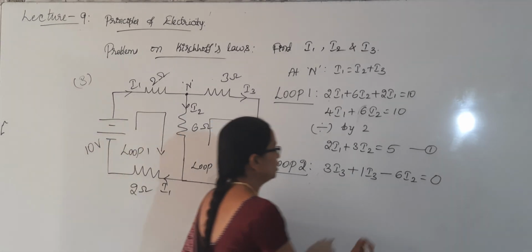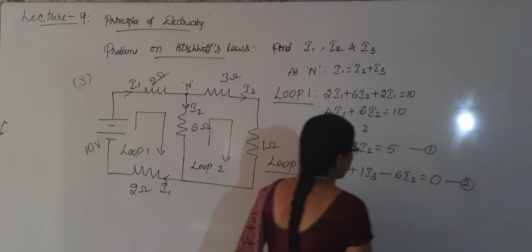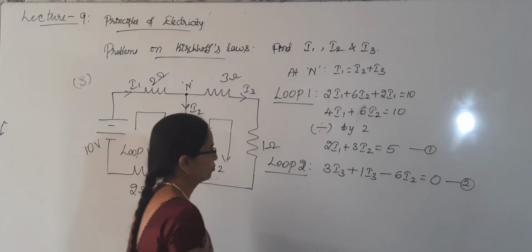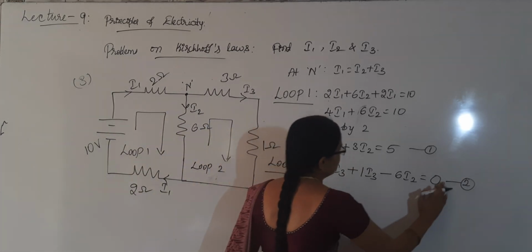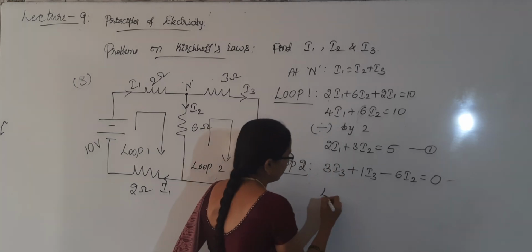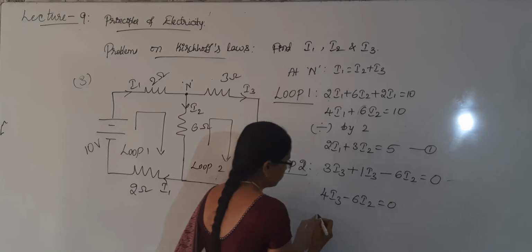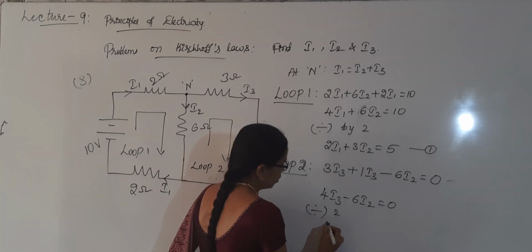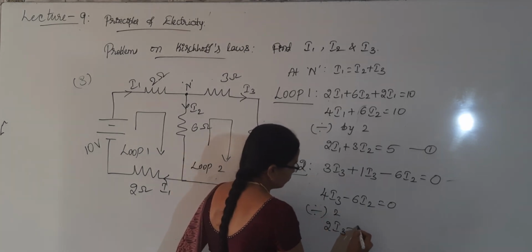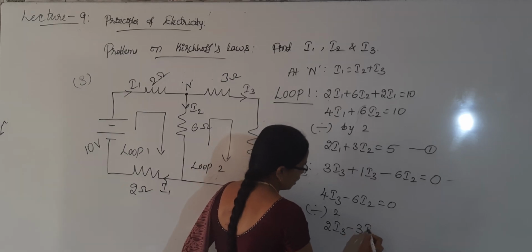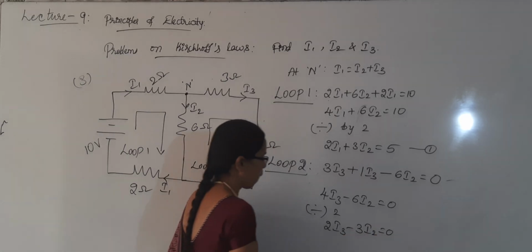So I will call this equation 2. We have 2 I3s here. 4I3 minus 6I2 is equal to 0. I will divide this equation by 2. 2I3 minus 3I2 is equal to 0.